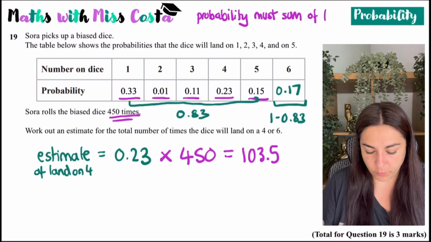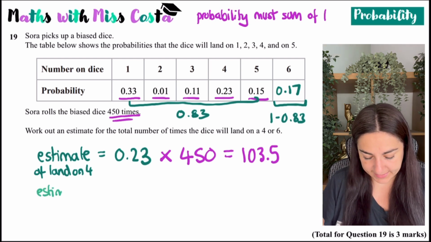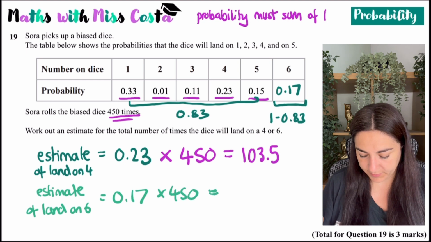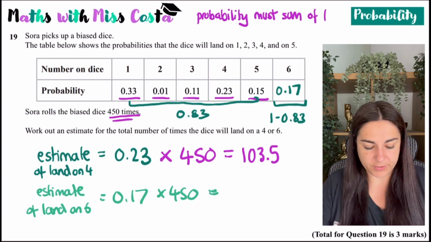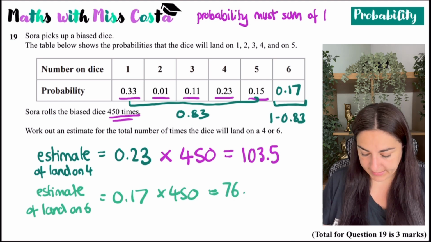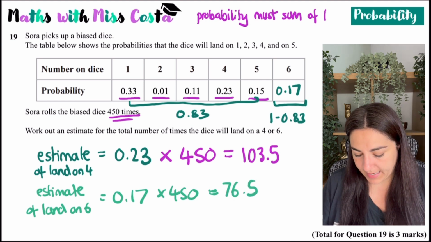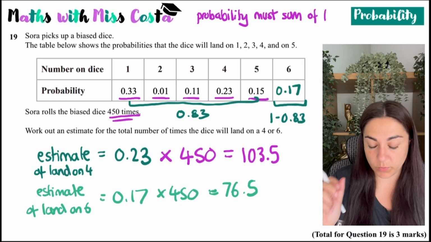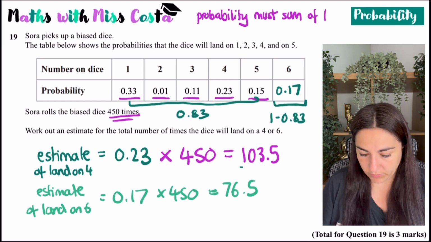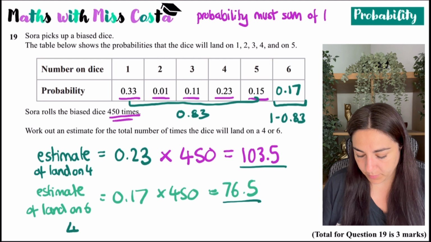Now let's do it for it landing on a 6. So an estimate of landing on a 6 is 0.17 times 450, which is 76.5. And using the OR rule in probability, the probability of this or that happening, you add the probabilities together.